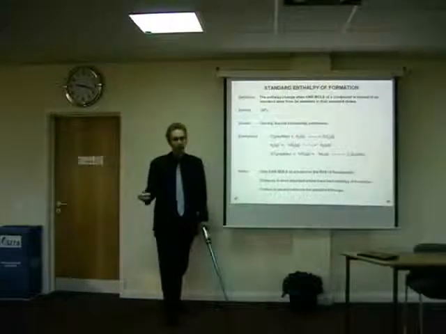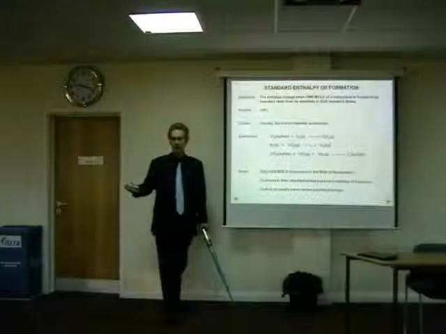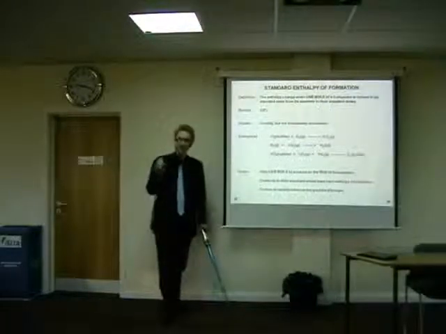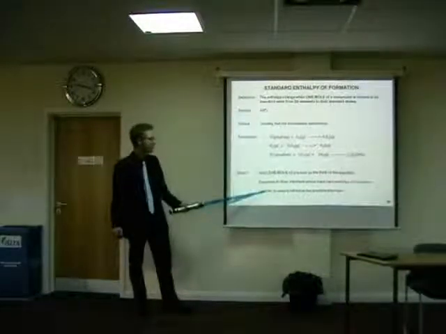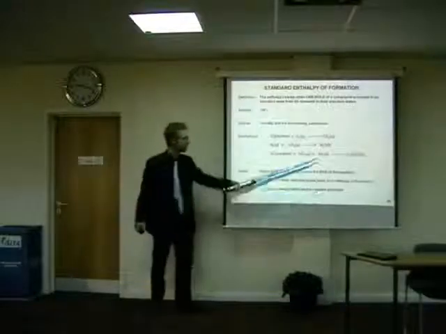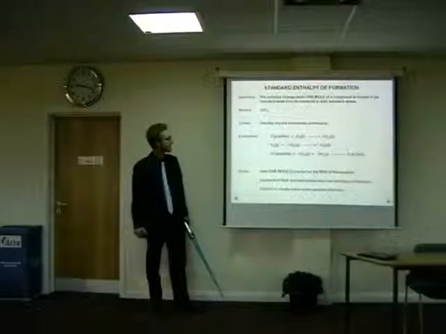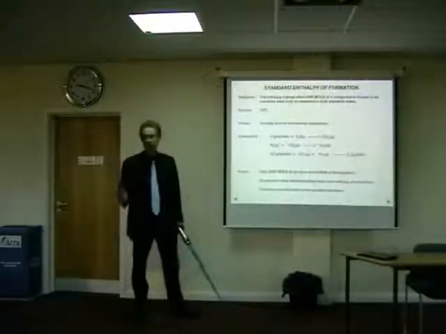And if there's no enthalpy change, it's got to be 0. Does that make sense? So the enthalpy change of formation of elements is by definition 0. We normally take carbon to be graphite because you really wouldn't make ethanol out of diamond. Just to check, are we all happy with formation?